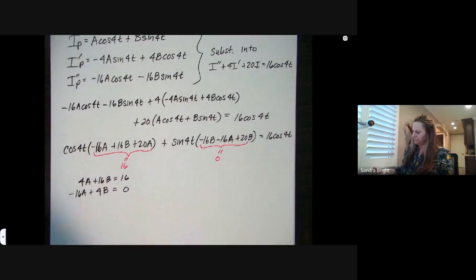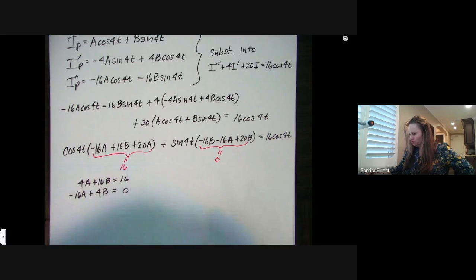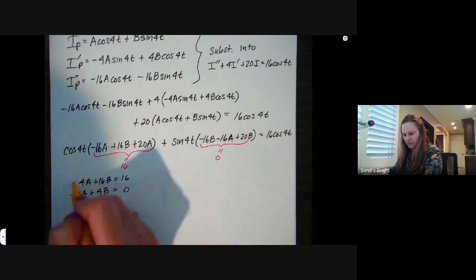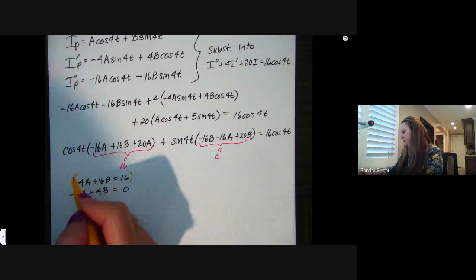I mean, you could definitely multiply the first by 4, or we could do substitution. This one's 0. Yeah, let's do that.